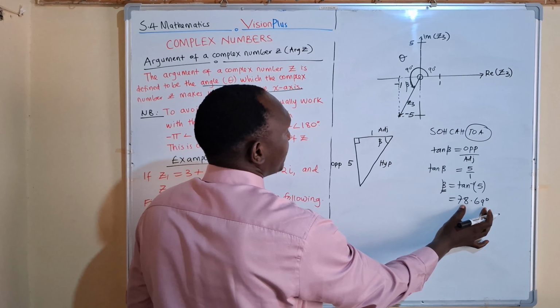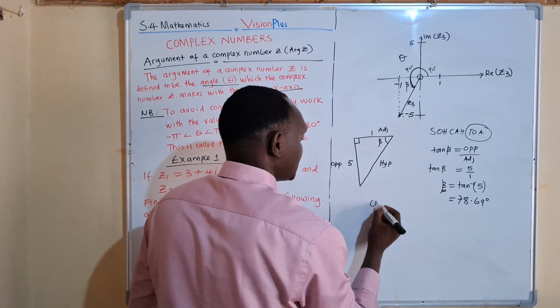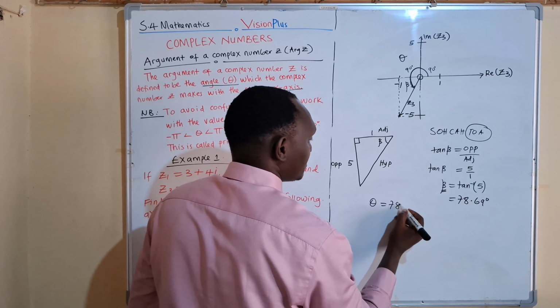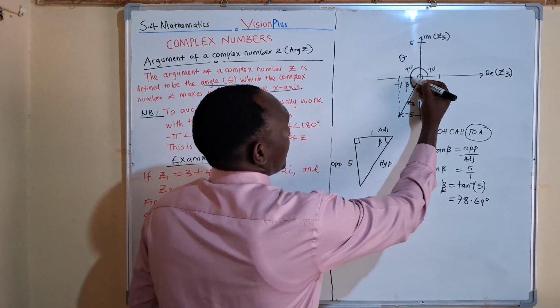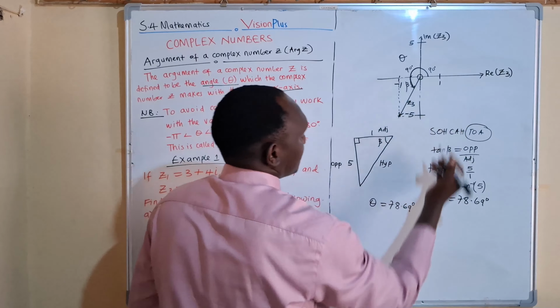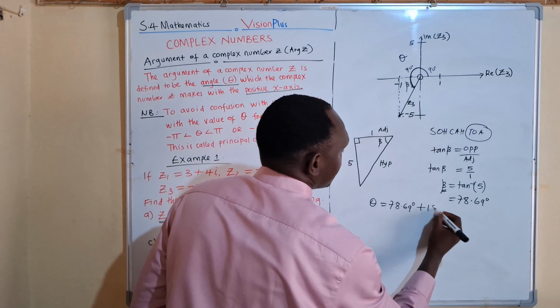Now, how do you get the argument? The argument theta now becomes 78.69 degrees plus 90 and again plus 90, which is the same as plus 180.